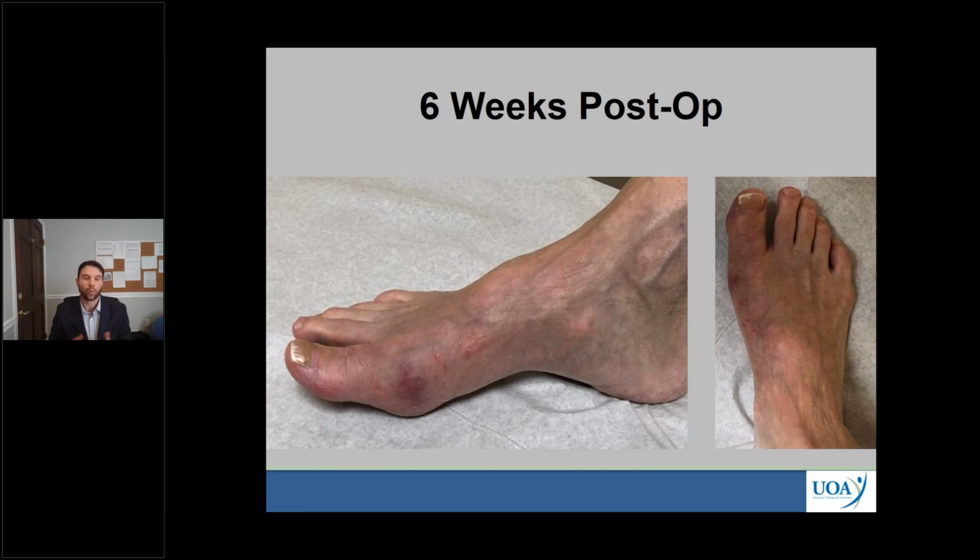In those cases, if they weren't, then it may not be a bad idea to stay in the hospital for a day or two and work with therapy. But in most cases, patients feel pretty comfortable and pretty confident going home after surgery because they are able to put that foot down as a pivot point and as a point of stabilization.